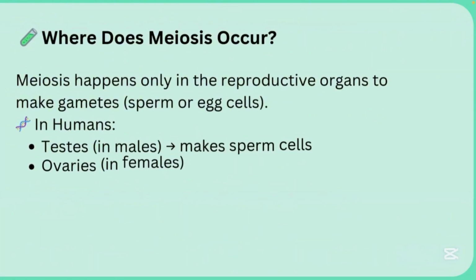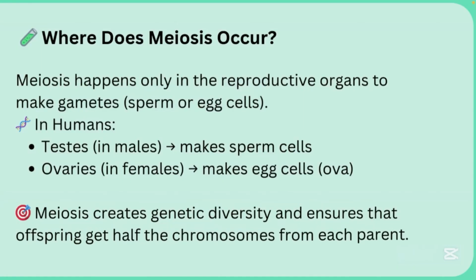So where does meiosis occur? Meiosis happens only in the reproductive organs to make gametes, like sperm cells or egg cells. In humans, it is in the testes in males, which make sperm cells, and ovaries in females, which make egg cells, the ova.